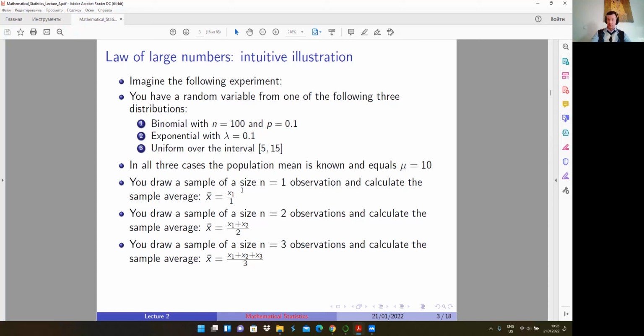So be careful, I'm calculating the average of realizations. So I have exact numbers. So what do I want to see? I want to see if there is some particular behavior of this sample average, realization of the sample average, if the sample size increases.